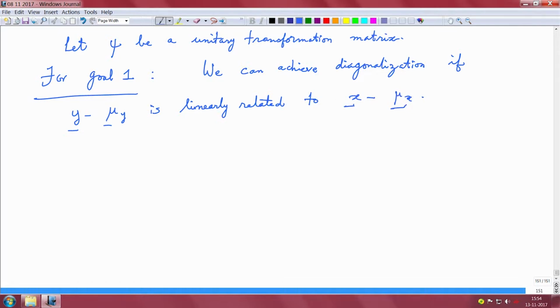Right. We can achieve diagonalization if y minus mu y is linearly related to x minus mu x.